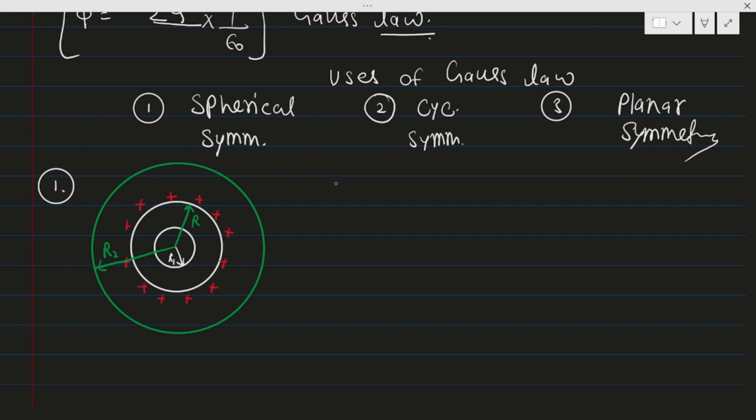We know that phi is equal to the integration of E dot dA, which is equal to Q over epsilon naught. This is the form of Gauss law, and this integration is over the closed surface. So for it we divide into two cases. The first case is for radius R1.